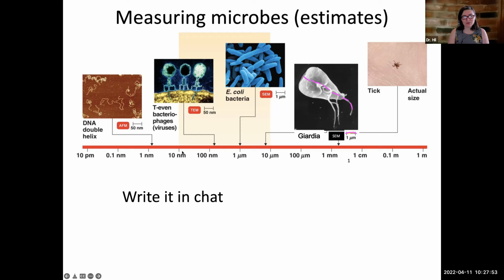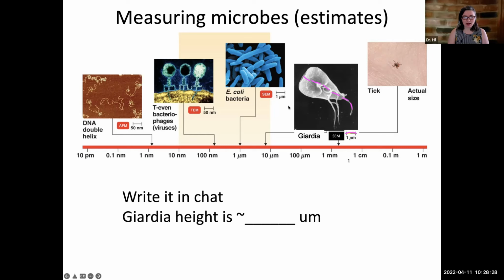This is a useful way to portray things that are very, very different in size or some other metric. What we can see is that in the millimeter range, where our eyes are working, we can see insects. And below that, we can see microbial eukaryotes and prokaryotic cells and viruses in the nanometer range. And even with a good microscope, we could see down to maybe the DNA level.